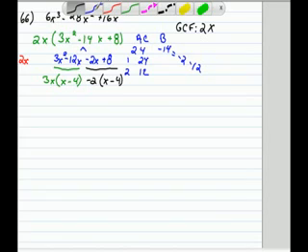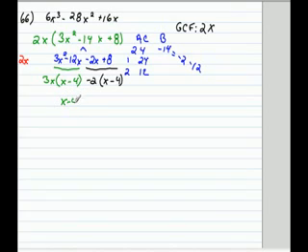Bring the two together and take out the common factor. So my common factor is x minus 4. Bringing the other two together, I have 3x minus 2. And I bring down my 2x that I factored out earlier. So my three factors in 66 here are 2x, the quantity 3x minus 2, and x minus 4.